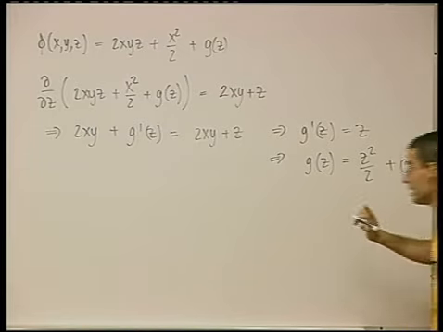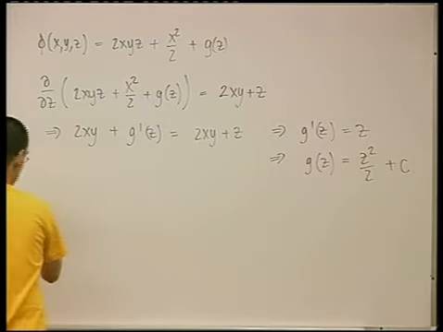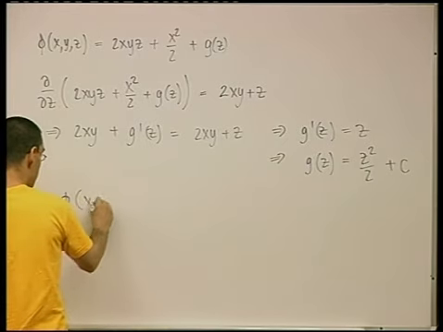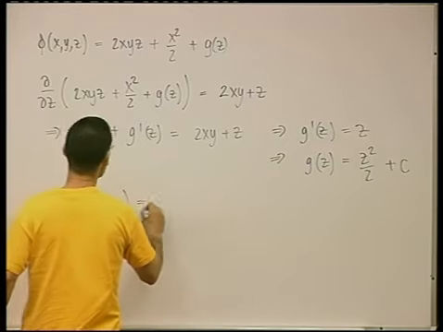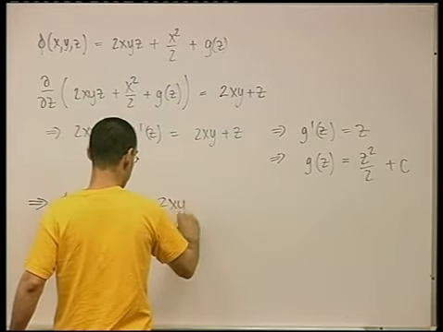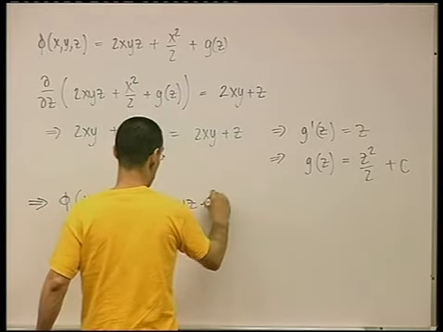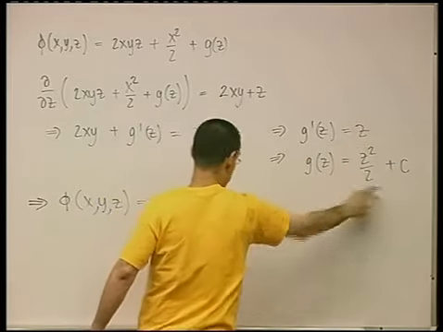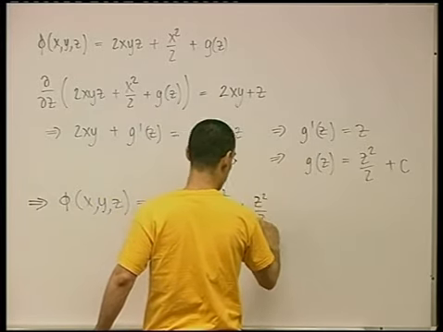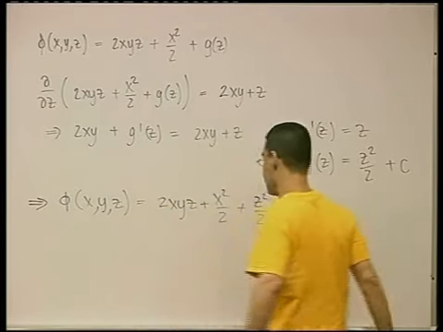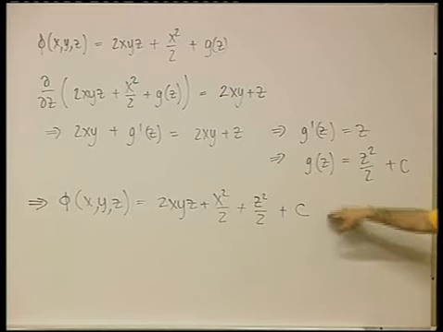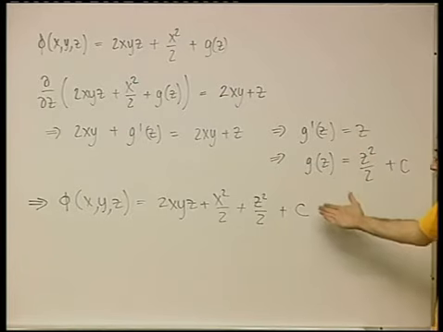Okay, so the bottom line is phi of x, y, z is 2xyz plus x squared over 2 plus z squared over 2 plus a constant. That's the form of a function whose gradient is precisely the given field f, and you can verify it.